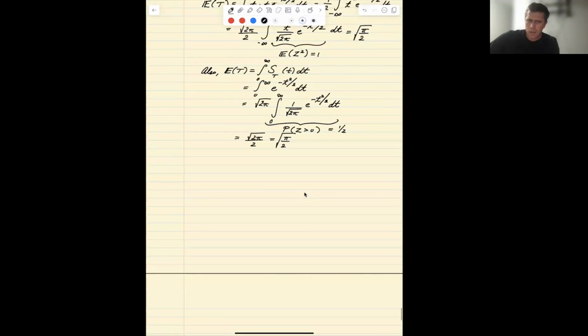Okay. For the variance, we also need the expectation of T squared. We've seen before how this can be computed as the integral of 2t times the survival function dt, which is the integral of t e to the minus t squared over 2 dt.